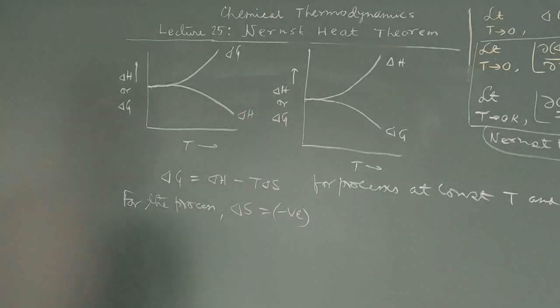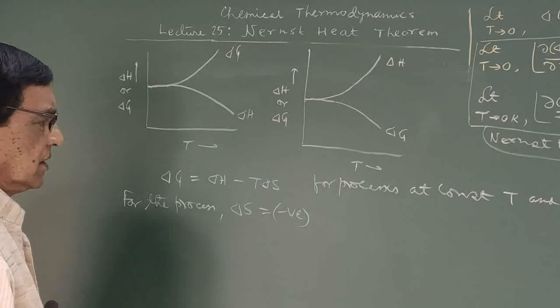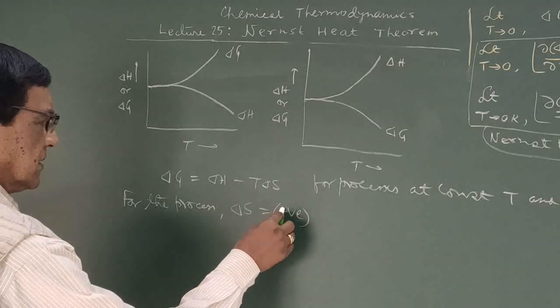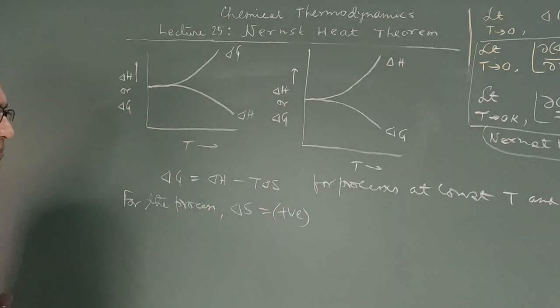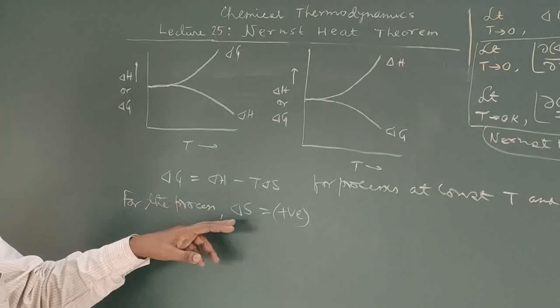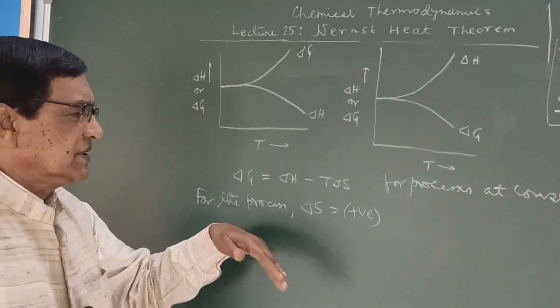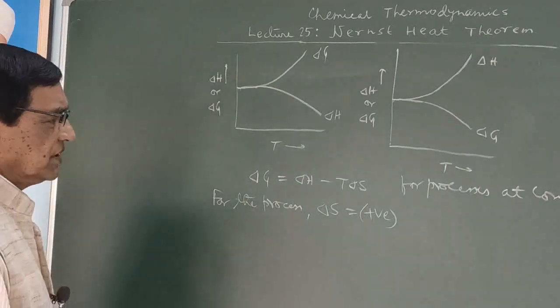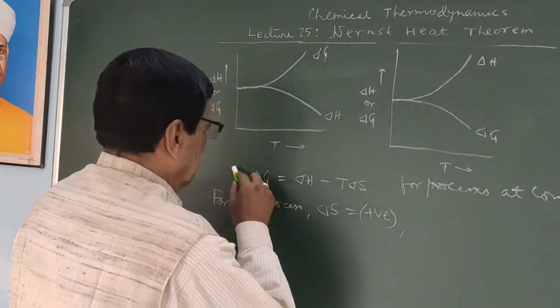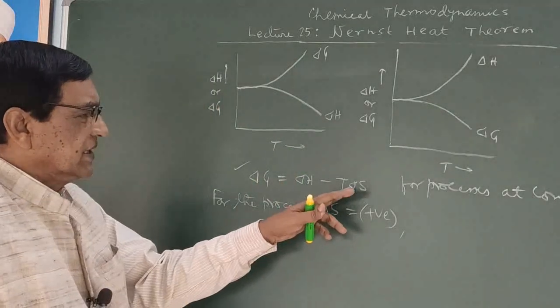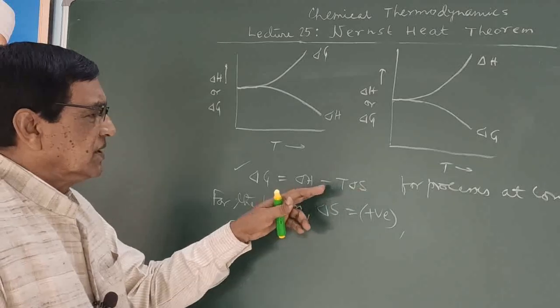Suppose delta S is positive, which means for this process the entropy or the randomness is increasing. So in this case, for these reactions, delta S is positive, meaning this term is negative.